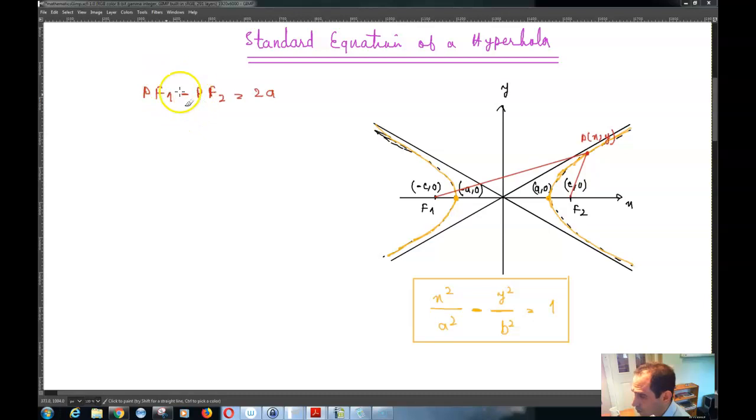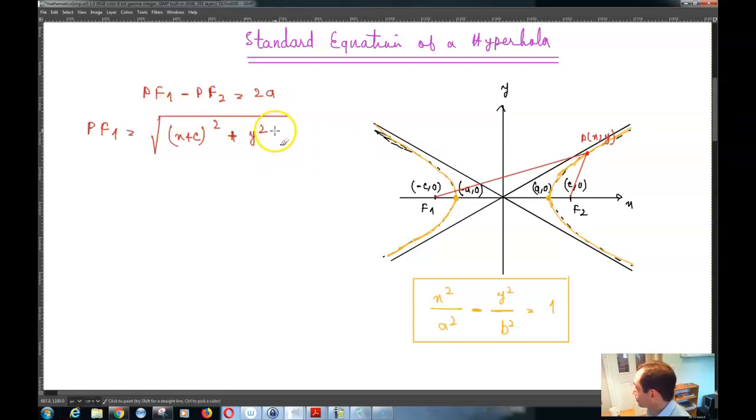So then you can calculate PF1. P and F1 over here is negative C comma 0, and P is X comma Y. So using the distance formula, you can write X2 minus X1, which is X plus C whole squared, plus Y minus 0 whole squared, which is Y squared.